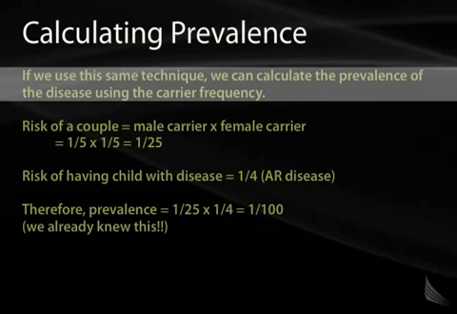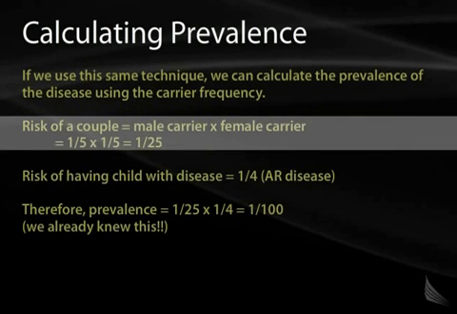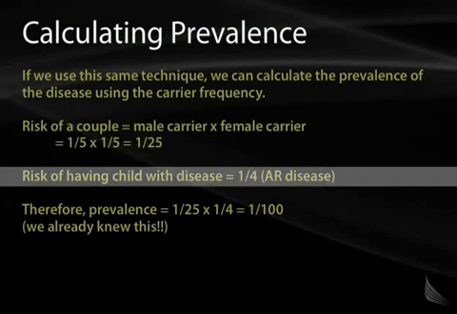Now, if we use this same technique, we can calculate the prevalence of the disease using the carrier frequency as well. We take the risk of a couple, right? A male carrier times a female carrier, okay? 1 out of 5 times 1 out of 5 gives us 1 out of 25, right? 20% is what we said the risk of marrying a carrier was, so that's 1 out of 5. We've just switched from decimals to fractions here. Now the risk of having a child with the disease is 1 out of 4.